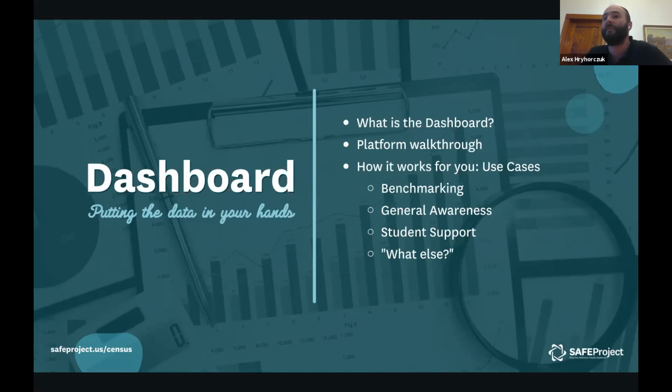Obviously you'll be able to see individual school responses. So you might know coming in that you're in the same camp as Ohio State or University of Wisconsin, and you'd like to see what they're doing and compare that way.